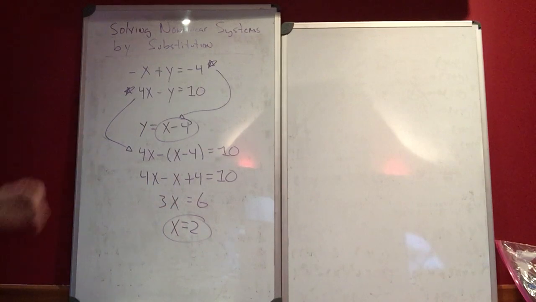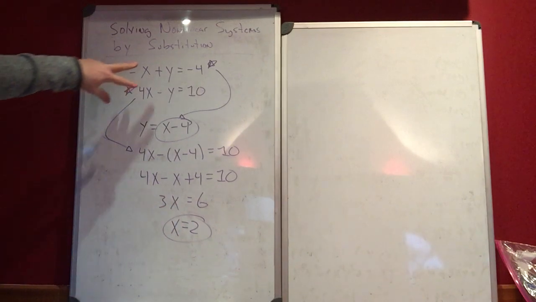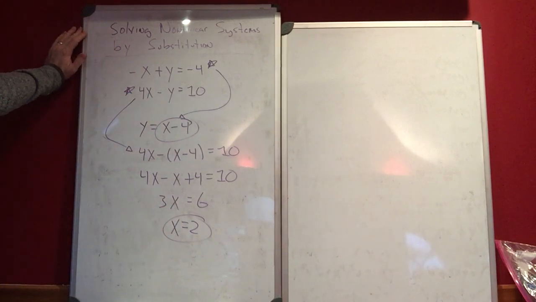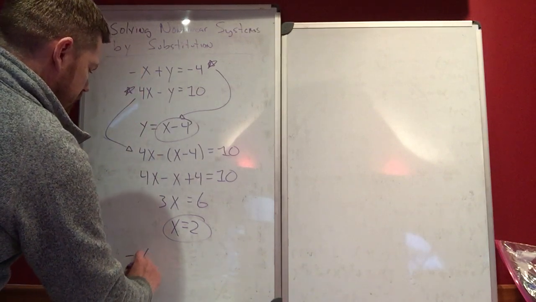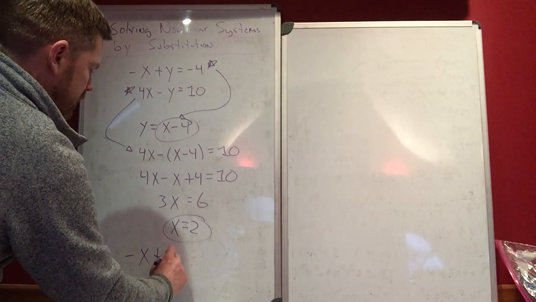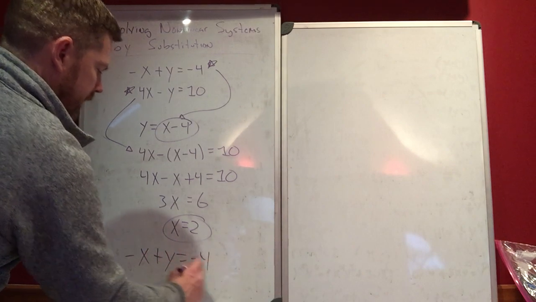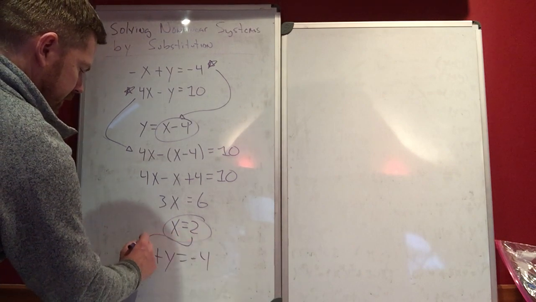Once we know x equals 2, we can go back to the original system, and we can pick either one of these and plug in 2 for x and find y. So let's use the first one, negative x plus y equals negative 4. We're just going to stick 2 in for x.